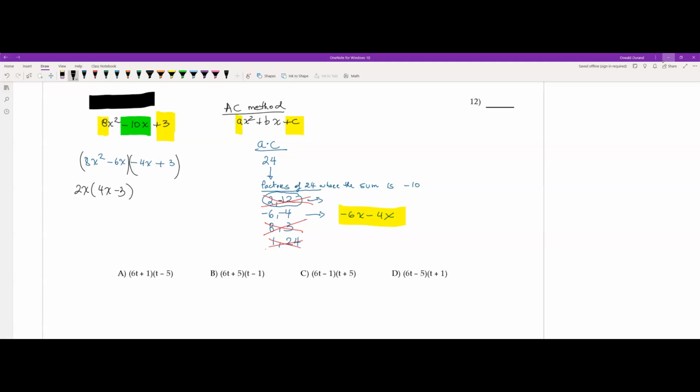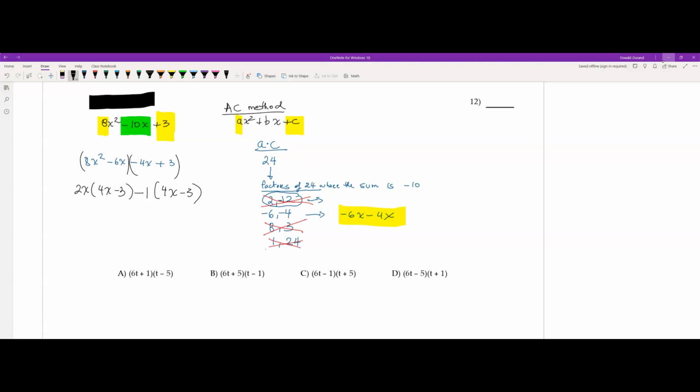All right, so all you have to do here is factor out negative 1, and then you get 4x minus 3. Beautiful. I'm sorry, at first glance I thought it was not going to work out, but it is working out. So you have 8x squared minus 6x minus 4x plus 3.